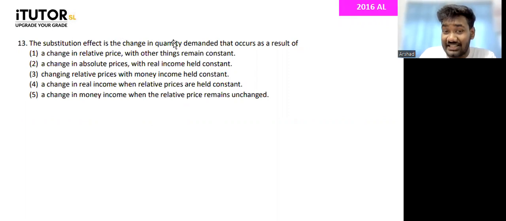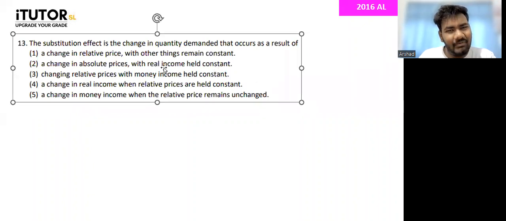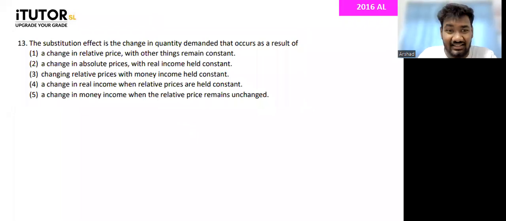Substitution effect is the change in quantity demanded that occurs as a result of a change in relative price when other things are constant, change in absolute price when real income is held constant. Real income, in what effect do we talk about this? We talk about the income effect, right? In income effect, real income is not constant, real income changes.